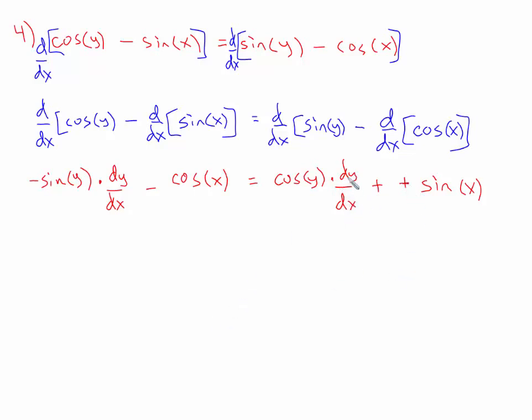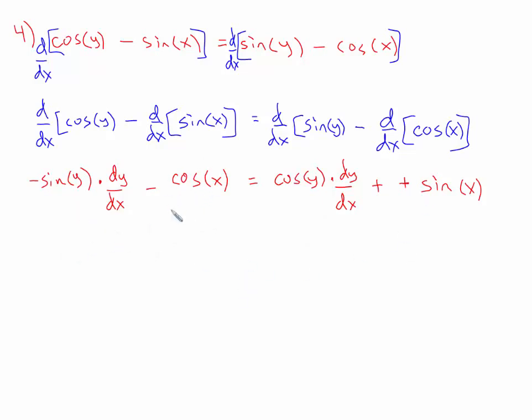Okay, so now what's our goal? We need to get dy/dx by itself. You notice this term here and this term, we need to get them on the same side so we can factor out the dy/dx. I'm going to move this over here and this over here. Let's do the algebra. I'm going to subtract this value on both sides, and then add this value on both sides.